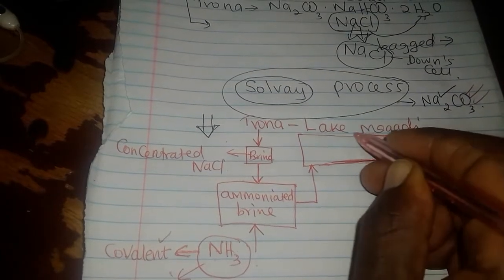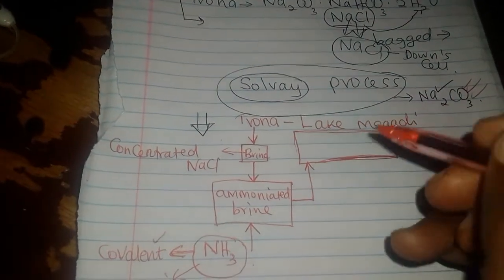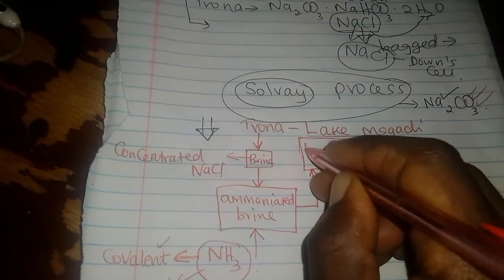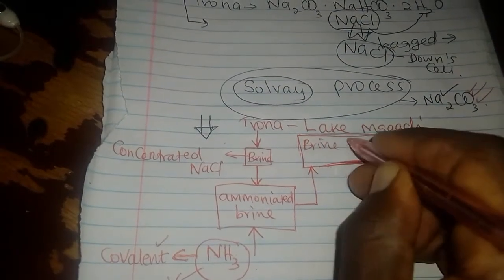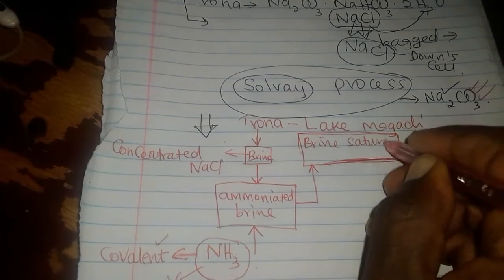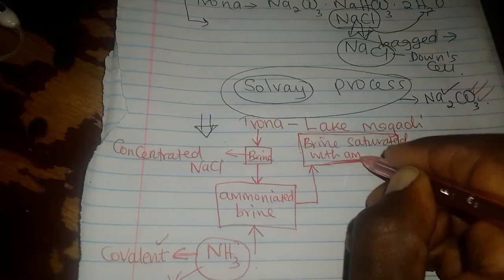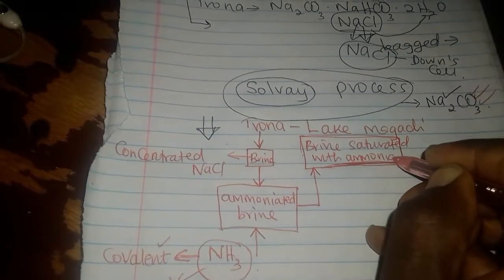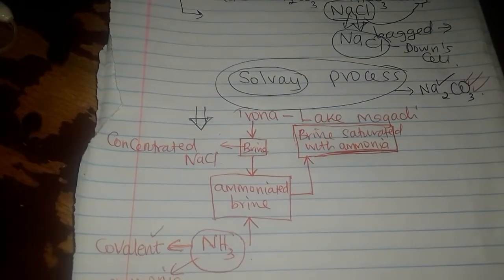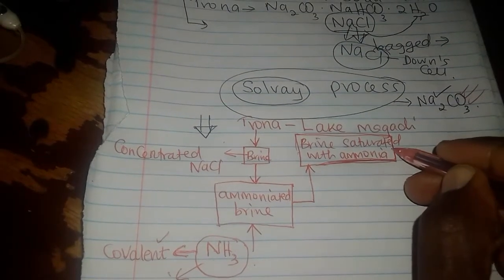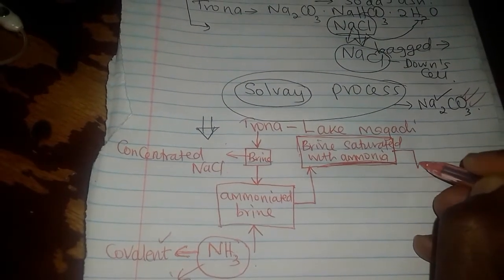If this is a pot or a box, I can put here brine saturated with ammonia. The brine now saturated with ammonia can come to this end.